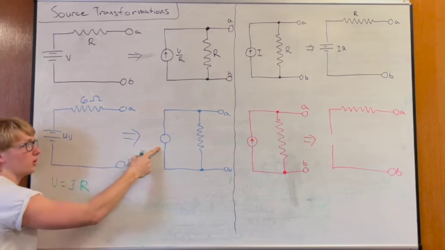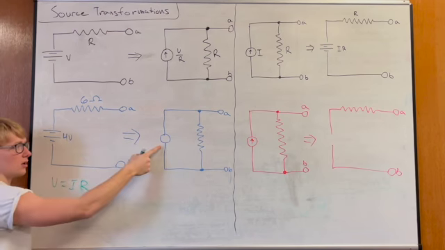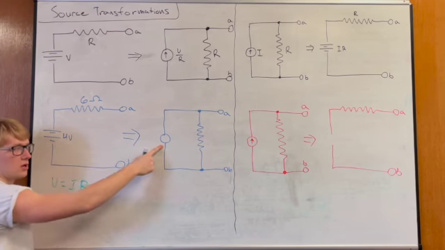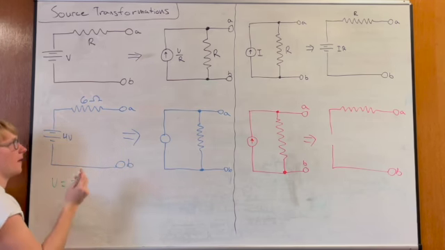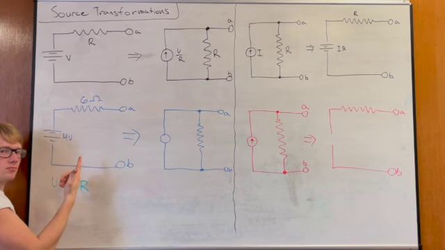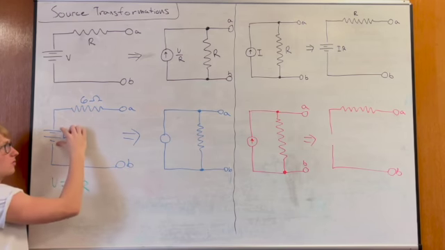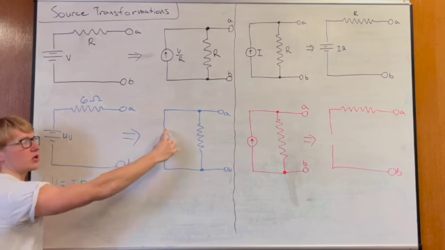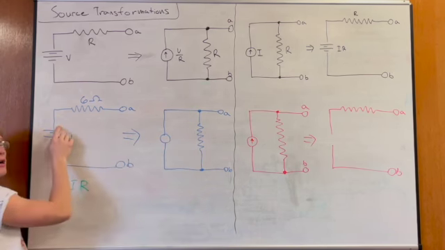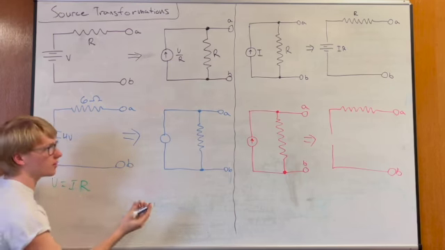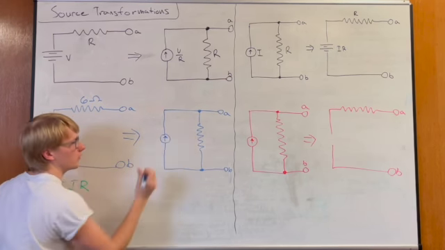So we're going to transition this source into this source. Let me back up. The first thing you wanna look at is which direction it's going. Going clockwise. So which direction are we going to draw the arrow? Up, because this is the positive side, this is the negative side. So that's the first thing we can get rid of.